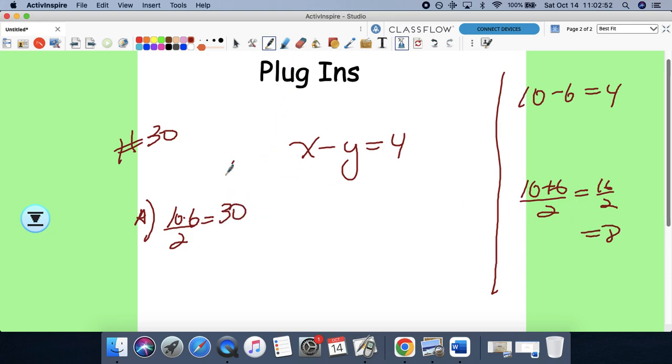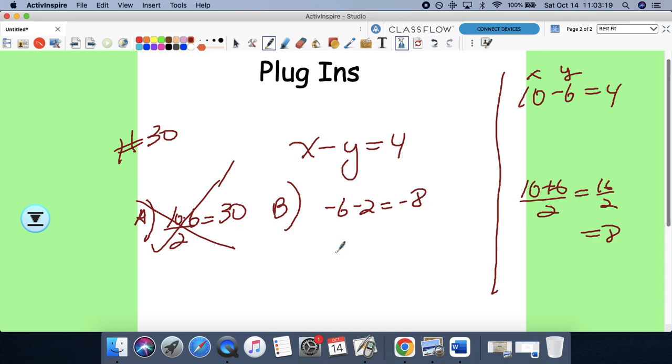Oh my god. B, if you take Y minus 2, sorry, F, if you take Y minus 2, what's Y? Y is negative 6 minus 2, that gives you negative 8.